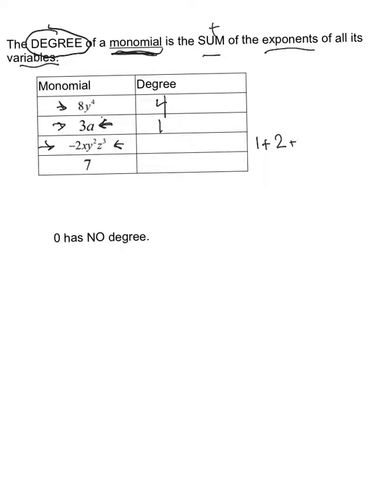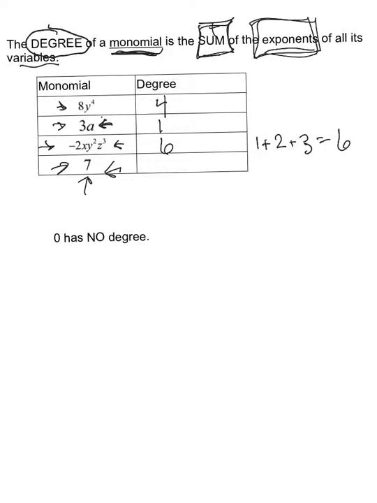My next variable is a z. Its exponent is a 3. Add them together, 6. So my degree is 6 because I have to add together the exponents of all the variables. All right, now this one, there is no variable.